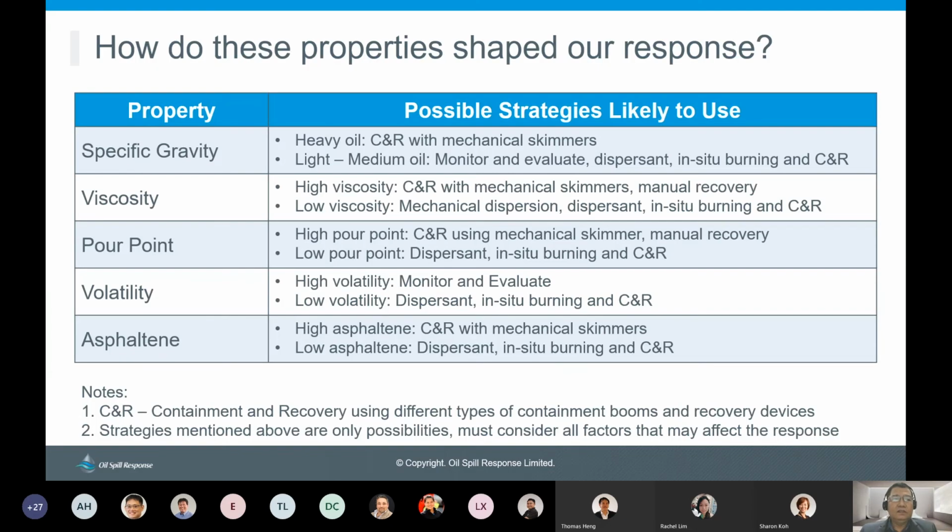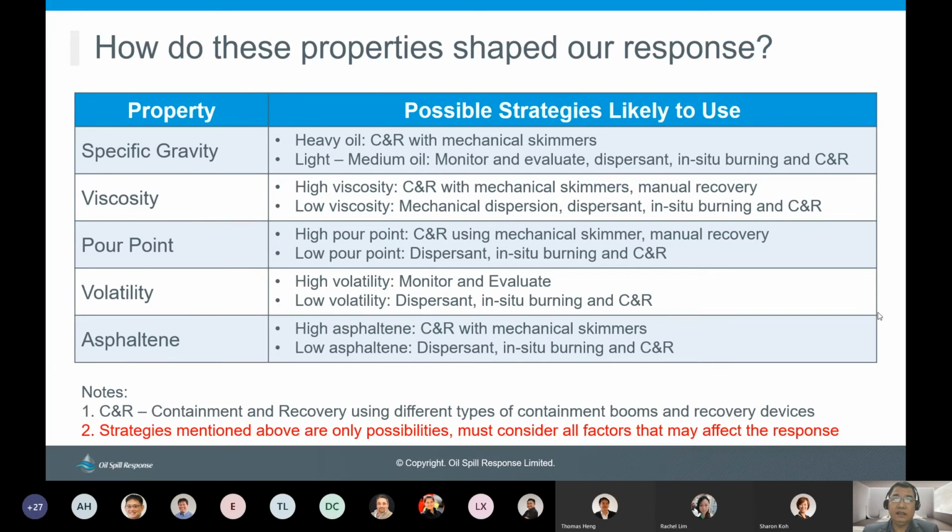Now we will be talking about how the optimum response strategies depend on the oil properties. So how do these properties shape our response? On the left side, you see the property. On the right side, you see the possible strategies likely to use. I will highlight the word possibilities because it doesn't mean that with that specific gravity, all of these possible strategies that I have mentioned are applicable. There are a lot of factors that may affect your response or your operation.